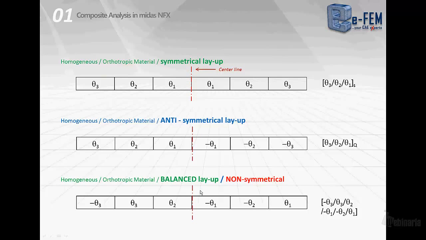And at the end, we talk about a balanced non-symmetrical layup when each angle of the laminate is present in plus and in minus terms, but these angles are not disposed symmetrically. So the final behavior of the material is a non-symmetrical behavior.